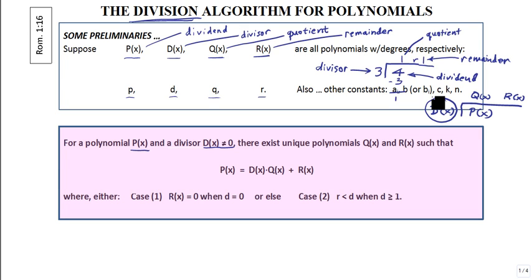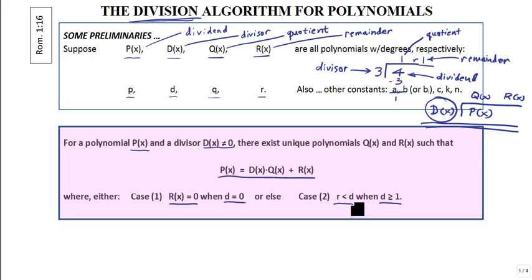So for a polynomial P having divisor D different from 0, there exist unique polynomials Q and R such that this happens, and this is exactly what we showed here, just written out in algebraic form, where you have one of two possibilities: in case 1, when the degree of the divisor, little d, is 0, then the remainder is 0, or else, in case 2, when the degree of the divisor is larger than or equal to 1, the degree of your remainder is strictly less than the degree of your divisor.